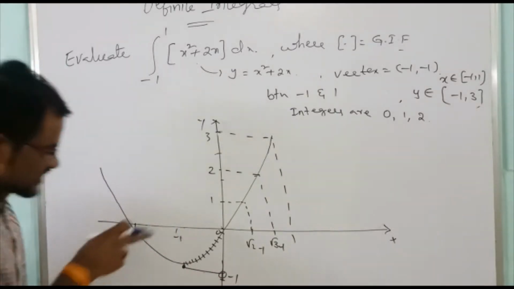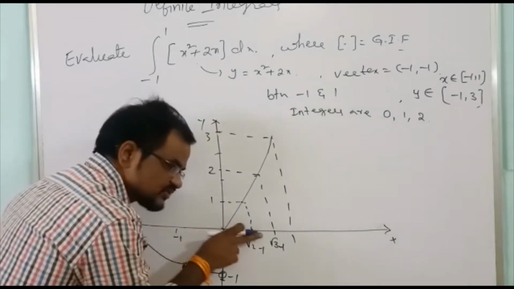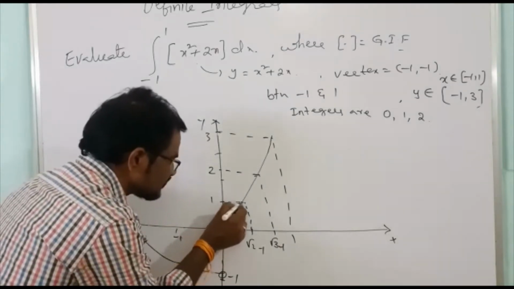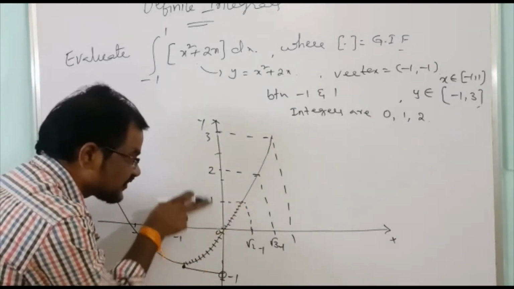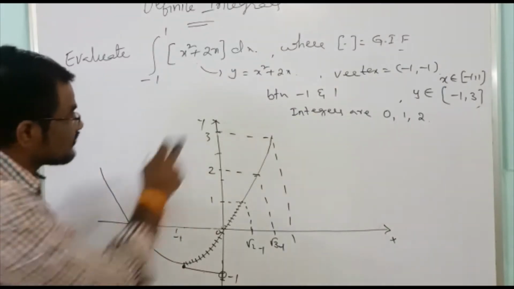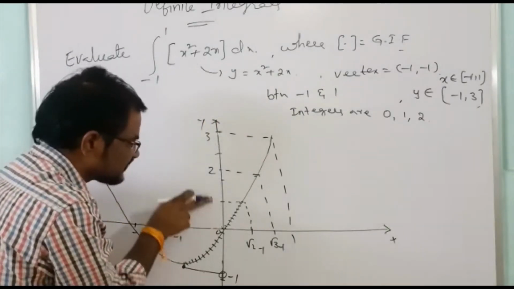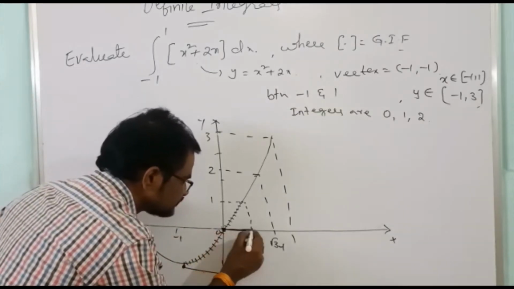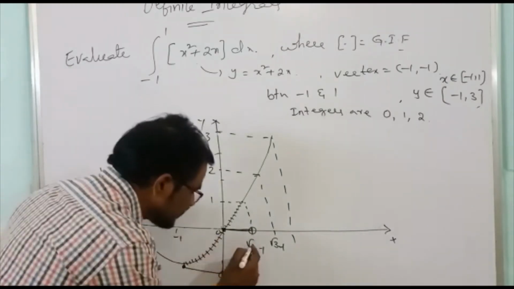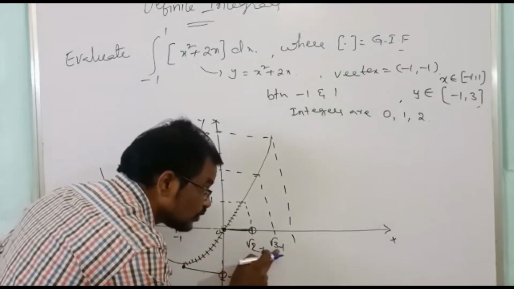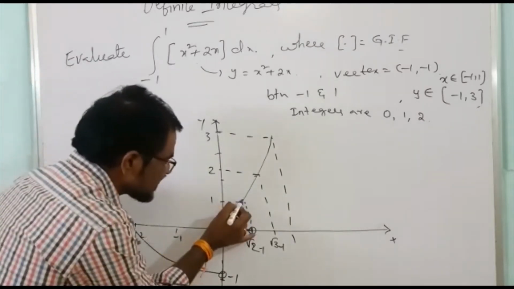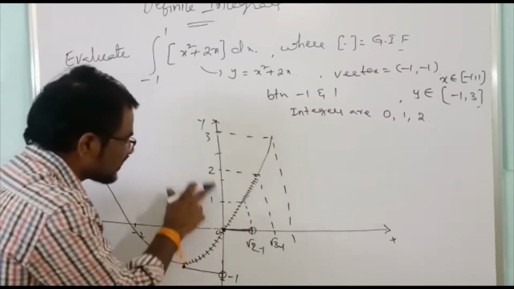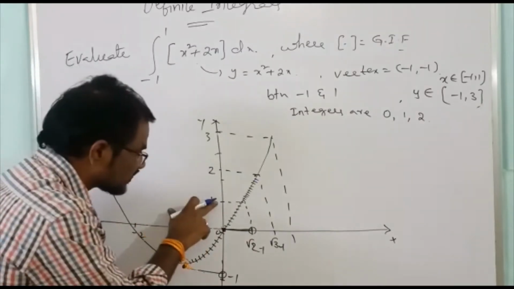Next, if the x value is 0 to root 2 minus 1, this graph exists, so the y value varies from 0 to 1. The greatest integer of a value between 0 and 1 is 0. If the x value is between root 2 minus 1 and root 3 minus 1, the y value is from 1 to 2, so the greatest integer of y is 1.